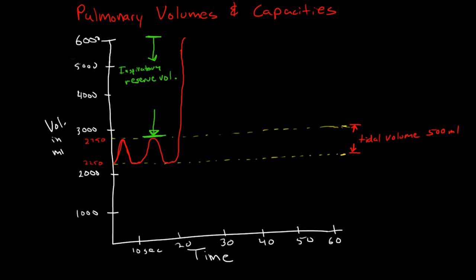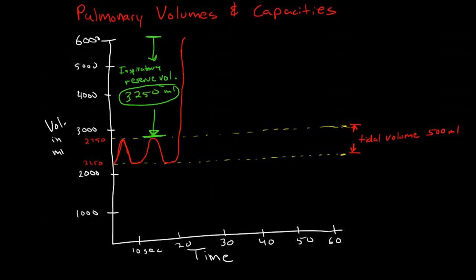This is that entire lung volume from our maximum capacity of 6,000 milliliters down to the end of our tidal inspiration, which is about 2750. So the average here is about 3,250 or so mLs. That's our inspiratory reserve volume.